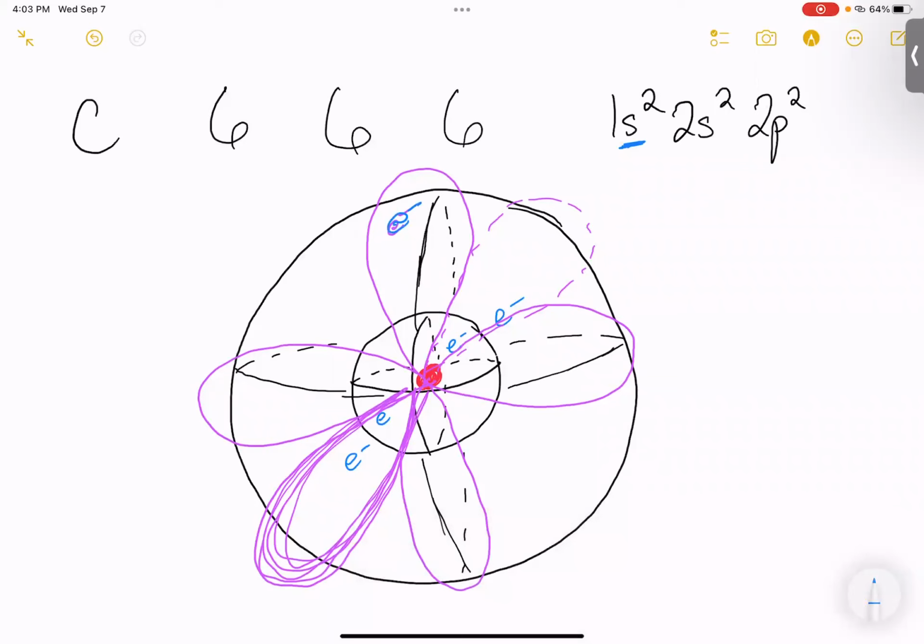So as you can see, if I tried to draw things, it's going to get crazy rather quickly, especially since I'm not an artist. But this is what's happening as you add on a shell.